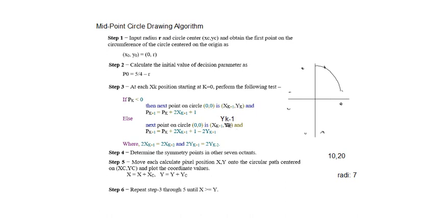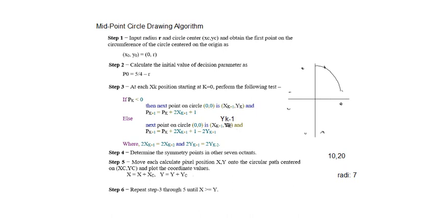We were drawing it on (0, 0), but the center is (xc, yc), so you have to shift it and plot the coordinate value as x is equal to x plus xc, y is equal to y plus yc.